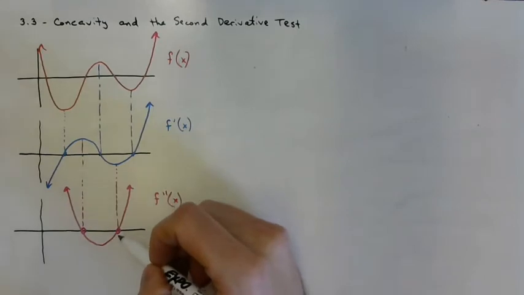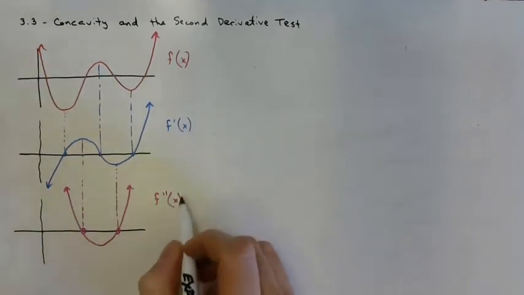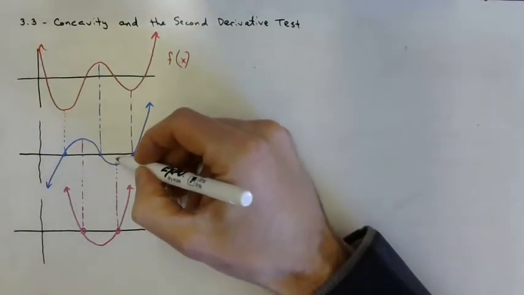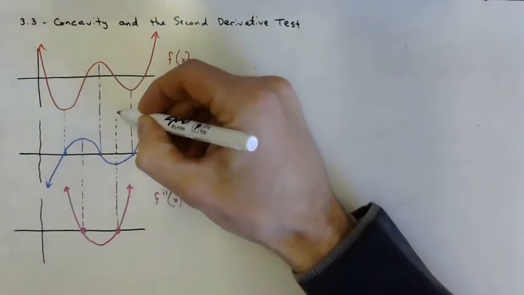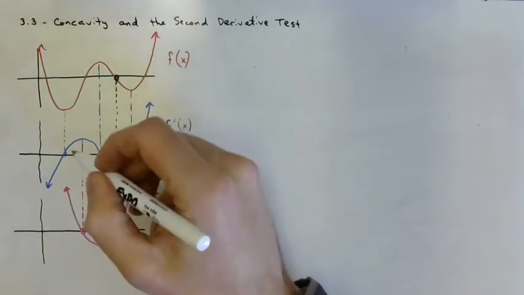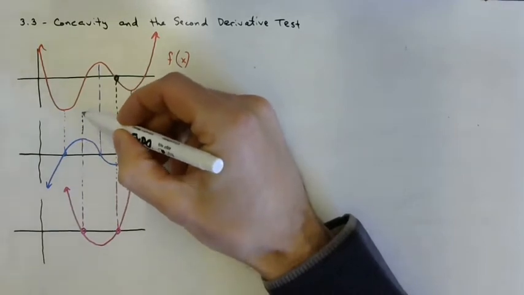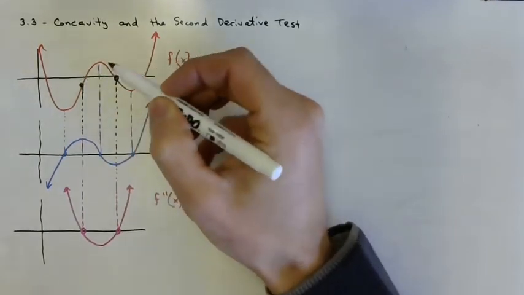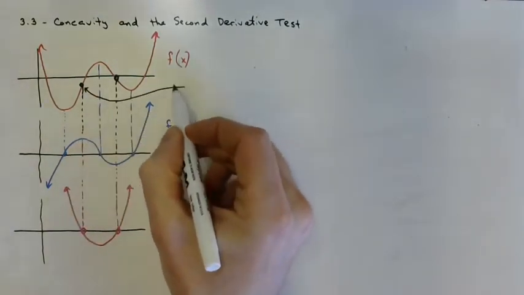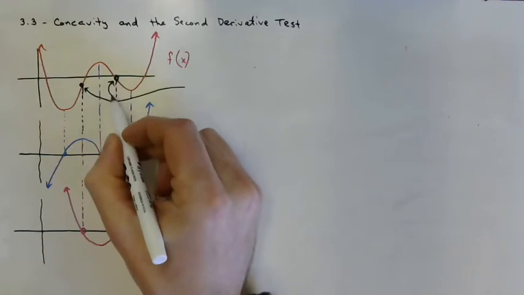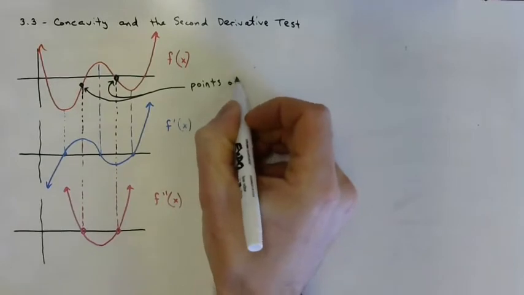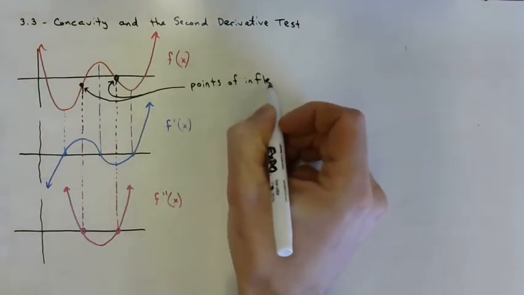So what's interesting about these graphs is we can actually relate the second derivative directly up to the first derivative by just extending these dotted lines. And the point that you end up hitting is called the point of inflection. So those 2 points on the original, these are points of inflection.